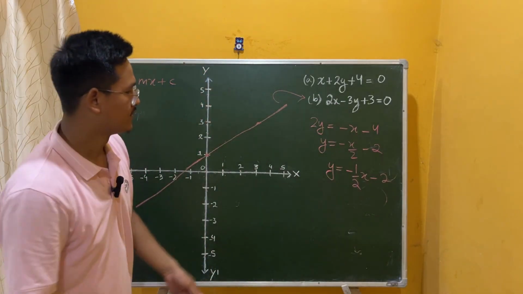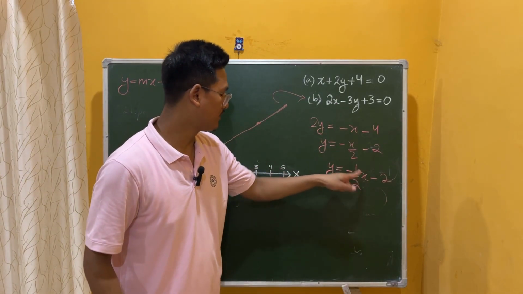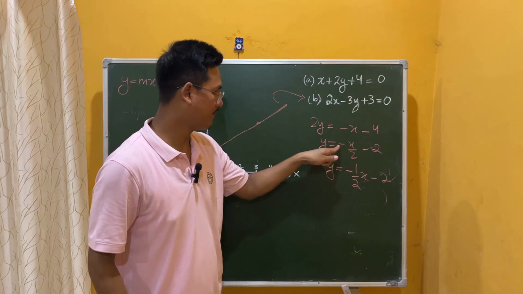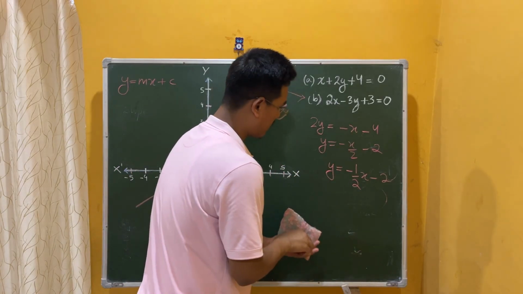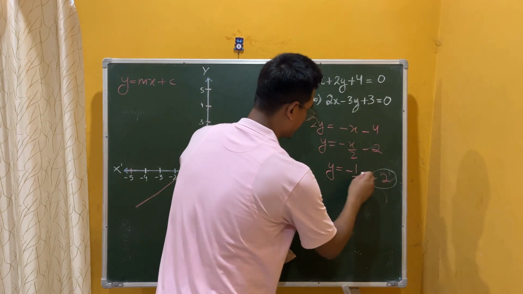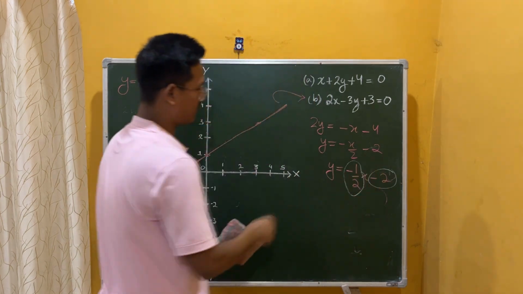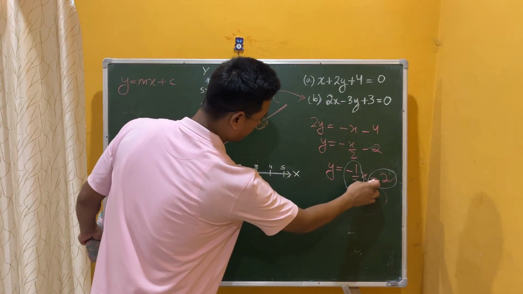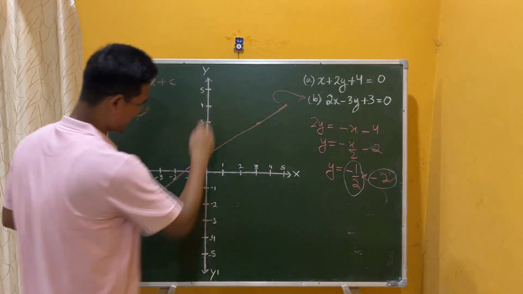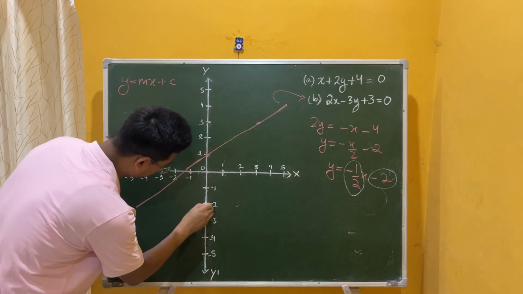So minus half into x, or x by minus 2, is the same as minus x by 2. Now we have got our constant part and the slope. Now let's plot this line. First look for this number, that's minus 2 on the y-axis. So this is our minus 2.